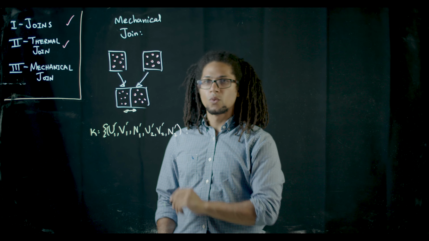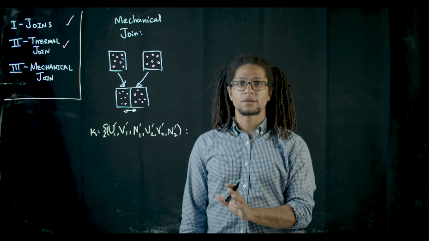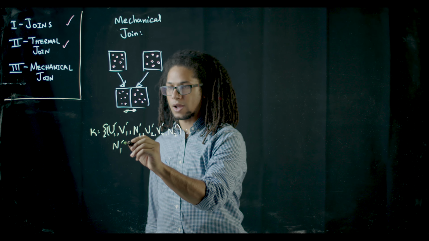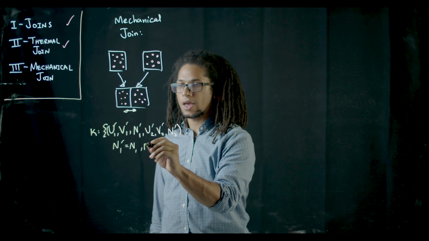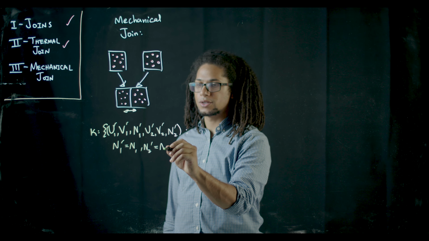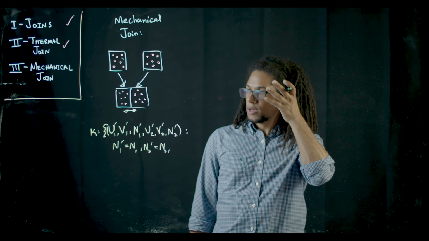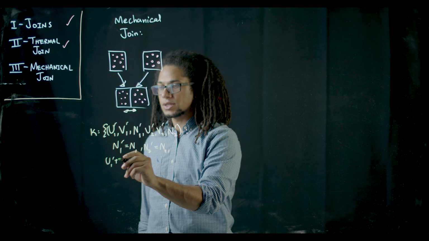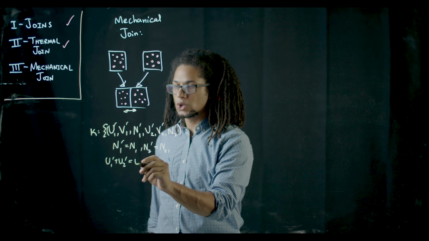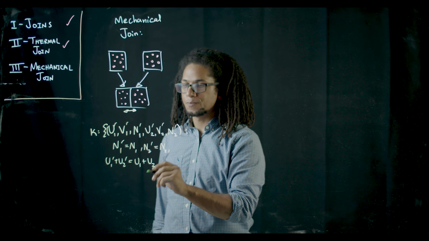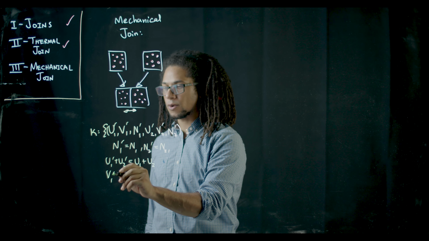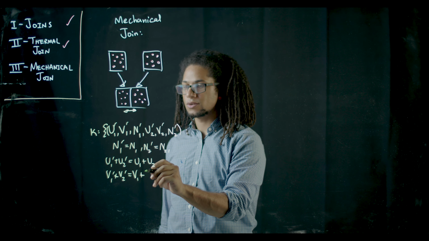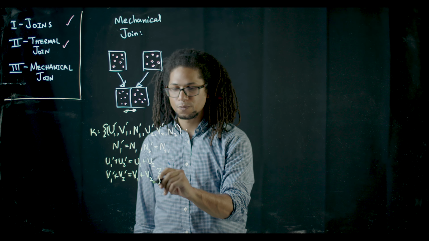Such that, well, we know that the numbers don't change on either side, so we can say that immediately: N1 prime is equal to N1, N2 prime is equal to N2. But we also have that U1 prime plus U2 prime is equal to U1 plus U2, and V1 prime plus V2 prime is equal to V1 plus V2.